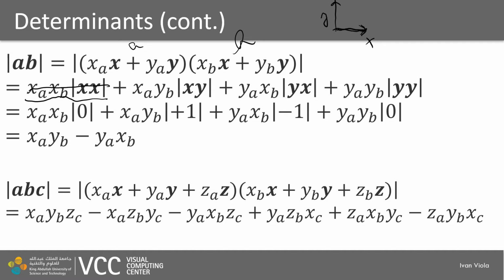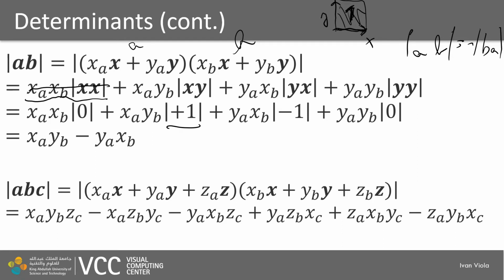What is the area spanned between x and y? Well, as these are unit vectors, 1 times 1 is 1. So this is equal to 1. Therefore, here we have value 1 of this unit vector, and we know already that AB equals minus BA.